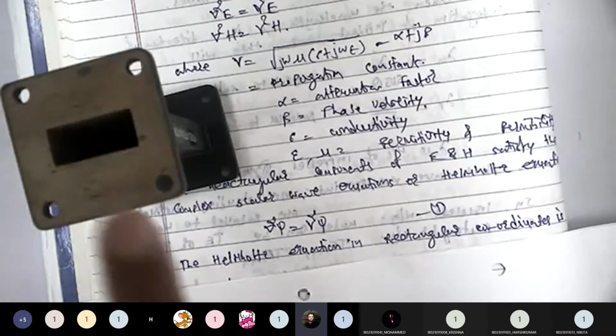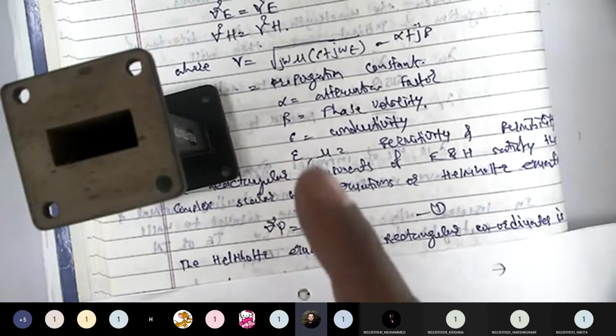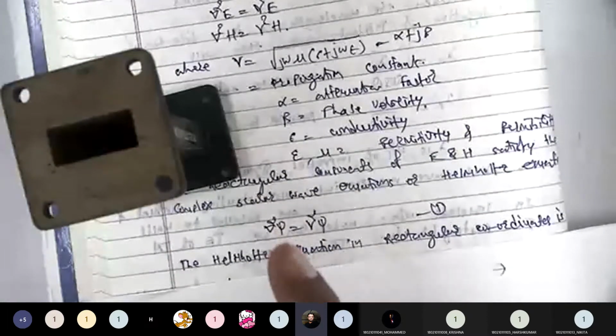It means that whatever the x variations, the y variations, and the z variations that you are getting, they are all independent from each other. This is our necessary and sufficient condition.